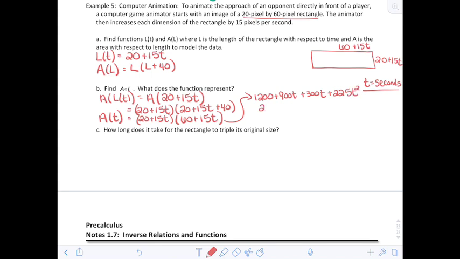So as I combine those, I get 225t squared plus 1200t plus 1200. So this is a quadratic where we have, actually I'll put it down here, area over time and how that changes. Okay, and then let me highlight that, that was our final answer there.